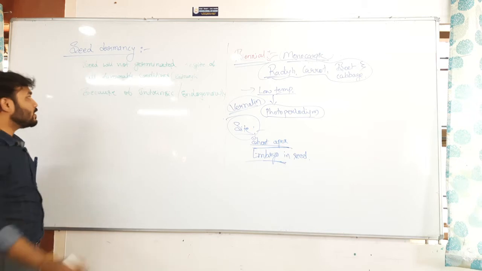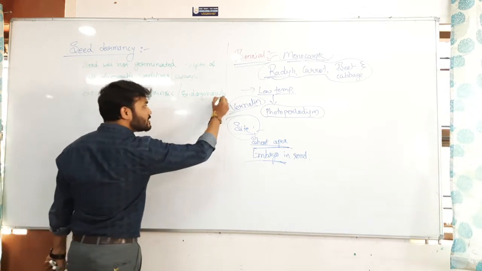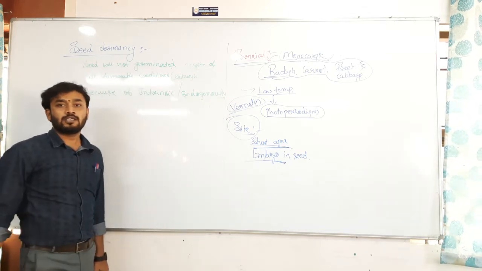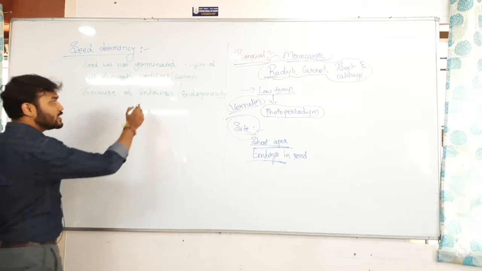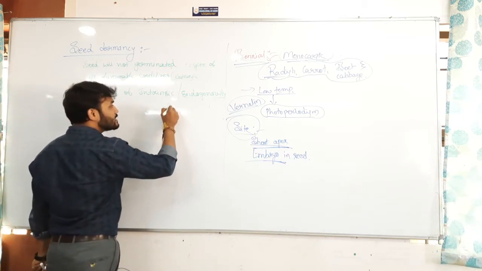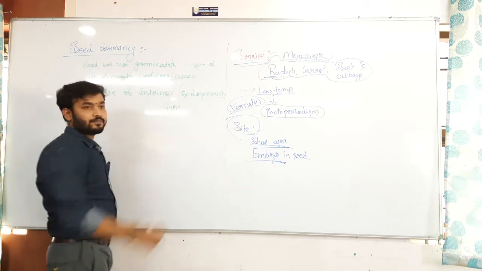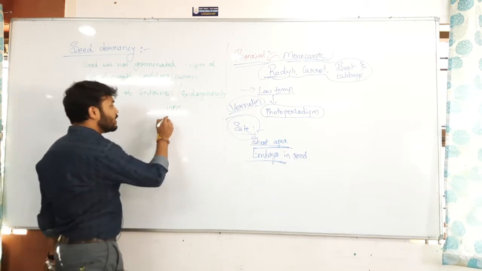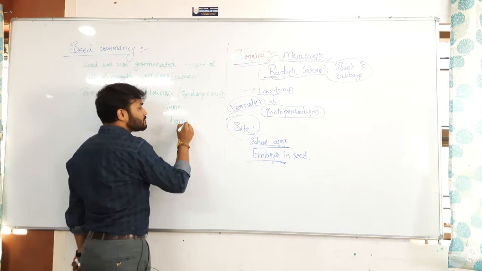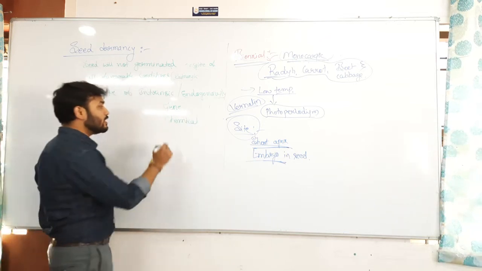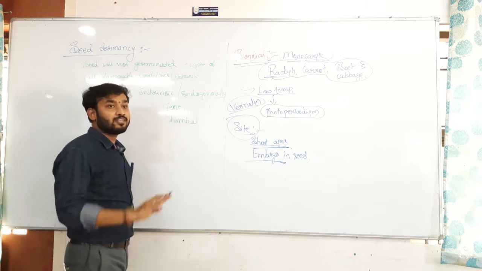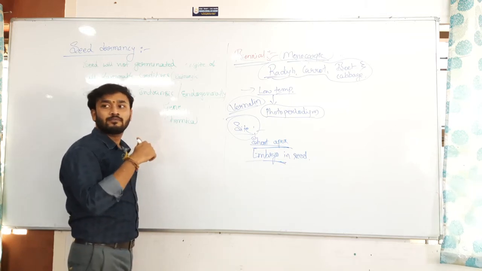If the seed remains in dormancy, it is only because of endogenous factors. What are the endogenous factors? As I mentioned, intrinsic factors: the gene, or the chemicals, or maybe physical barriers. But a physical barrier is not strictly an intrinsic factor.